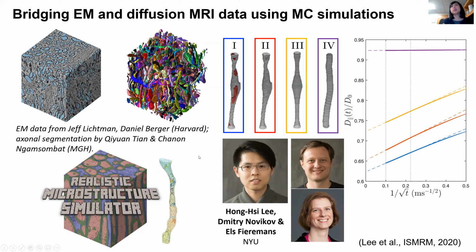And our goal here is really to get a better understanding of which axonal morphologic features our scanner and our measurements will be sensitive to, so that we can really try to validate the measurements of, say, axon diameter or axonal beading that we're getting from the ex vivo and eventually in vivo experiments.